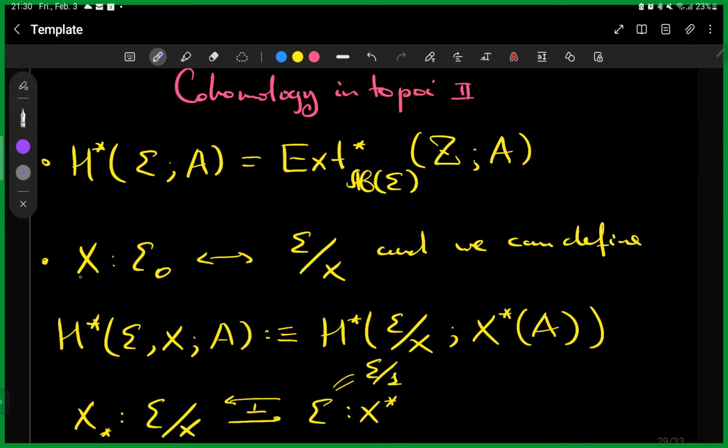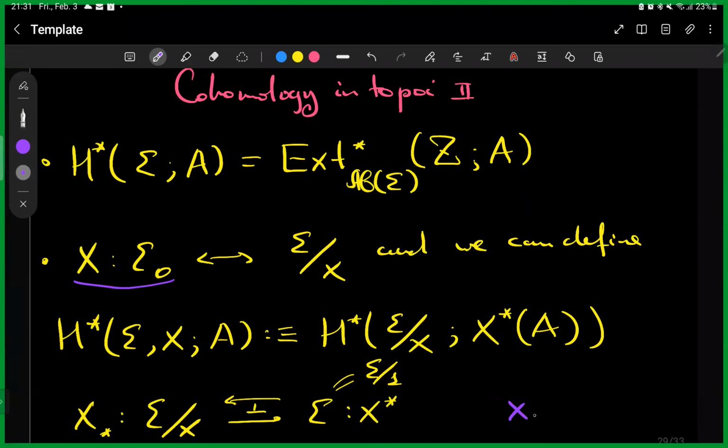For an arbitrary object X in our topos, we can consider a cohomology of this object with coefficients in A. To do this, we just restrict to the slice topos over X, and we have an adjoint pair of functors between the slice topos and the initial topos. One of them is a forgetful functor, and another one is the pullback functor. It's basic base change stuff.